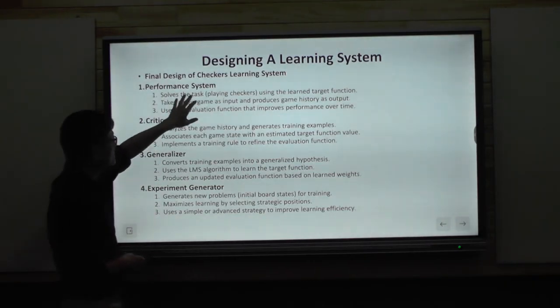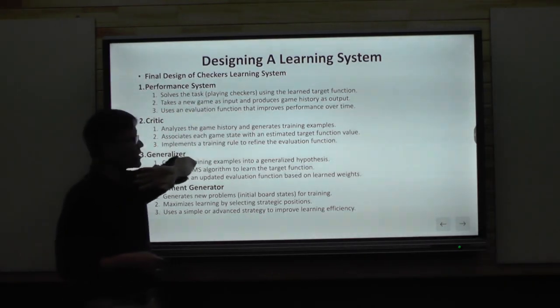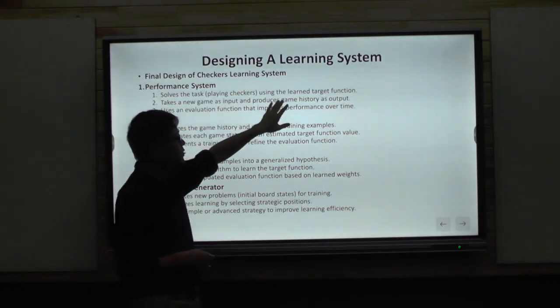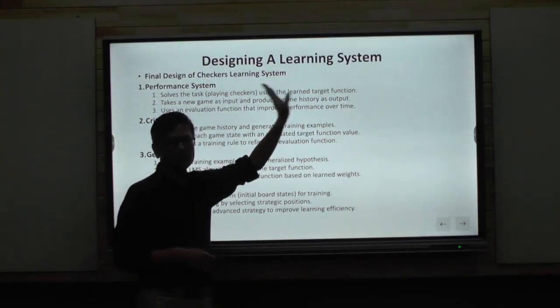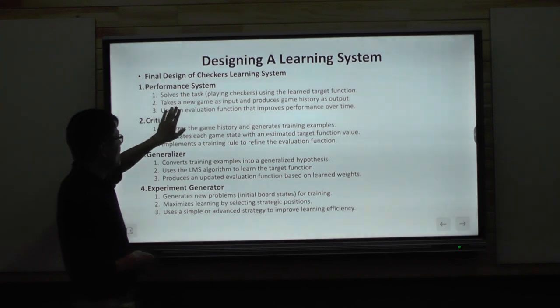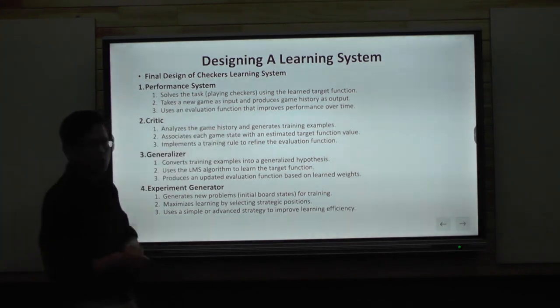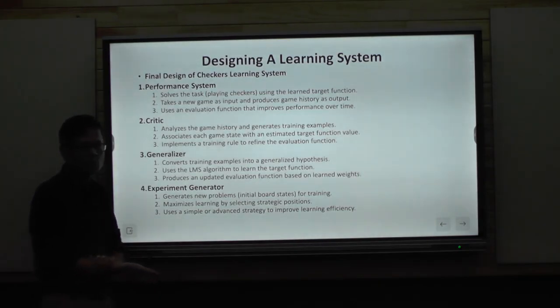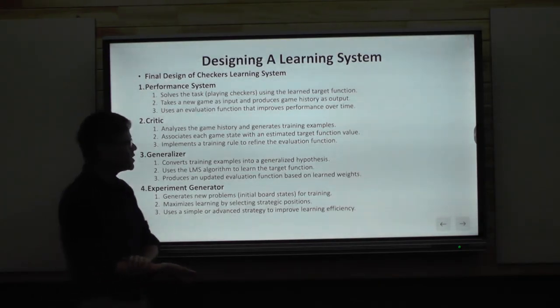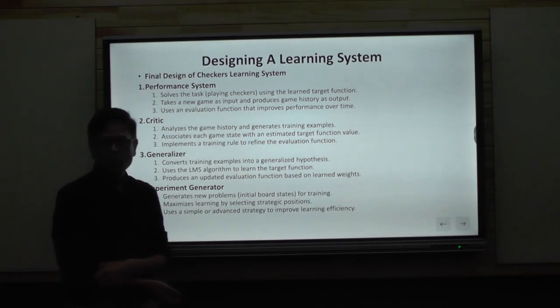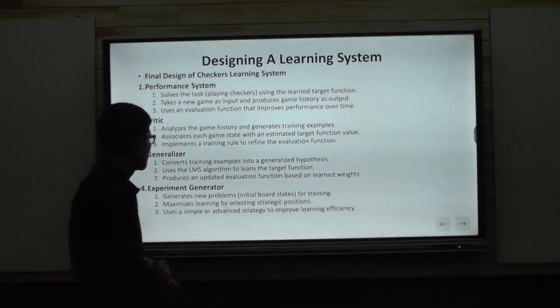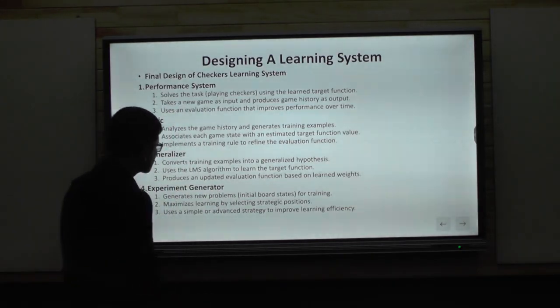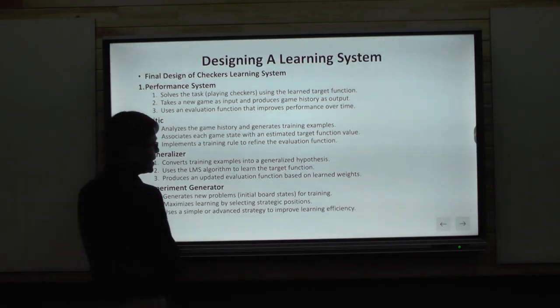The performance system solves the task, playing checkers using the learned target function. It takes a new game as input and produces a game history as output, using an evaluation function that improves performance over time. The critic analyzes the game history and generates the training examples.